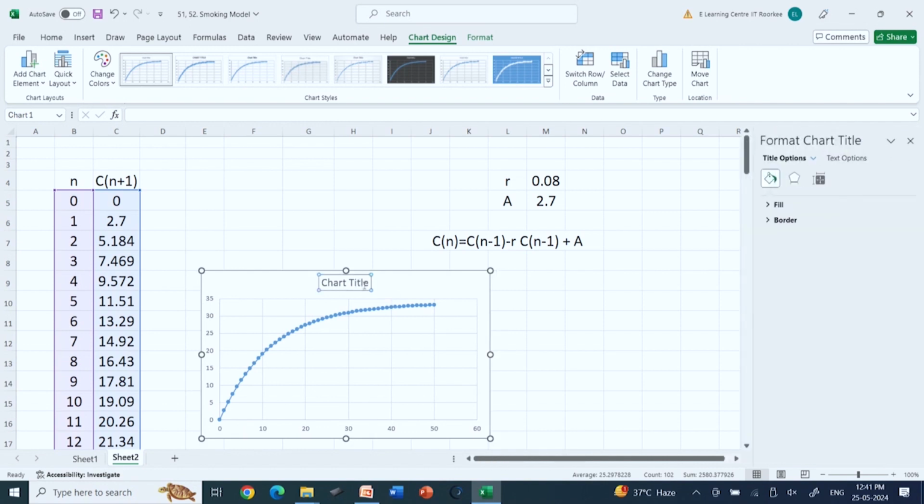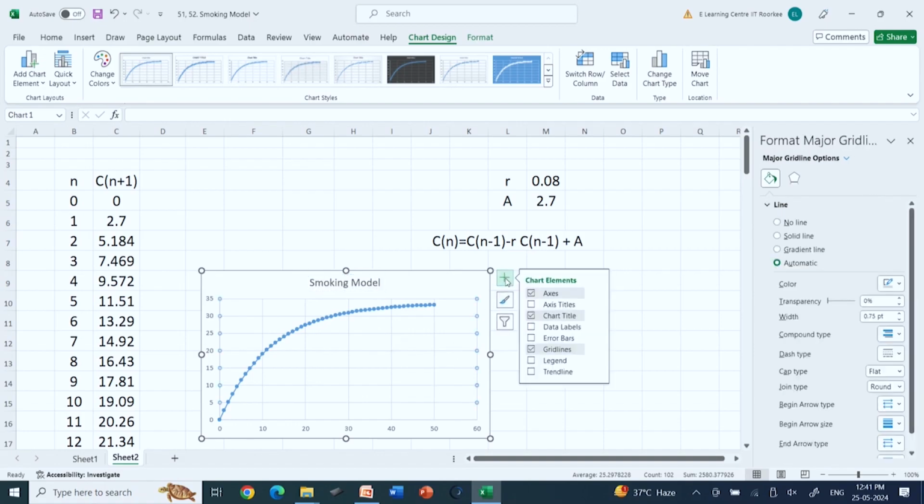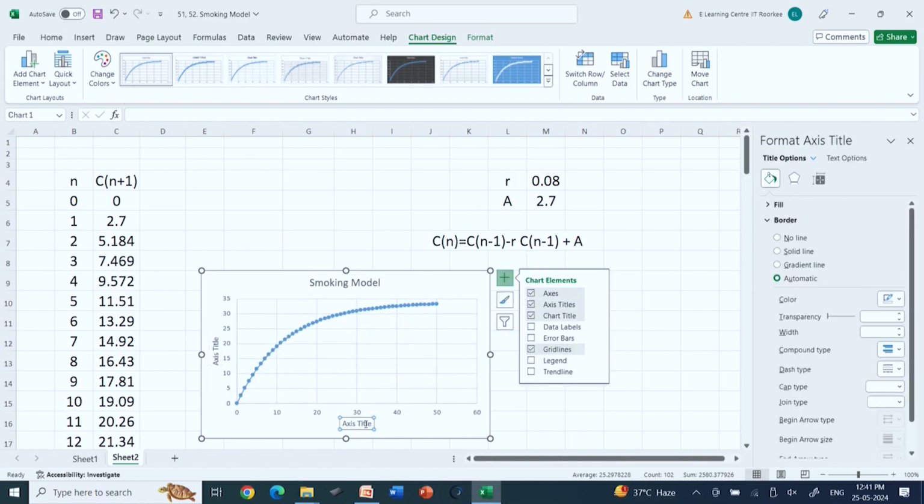So I can write this as smoking model. I want to enter the axis title. So this is year, and this is the amount of cadmium.